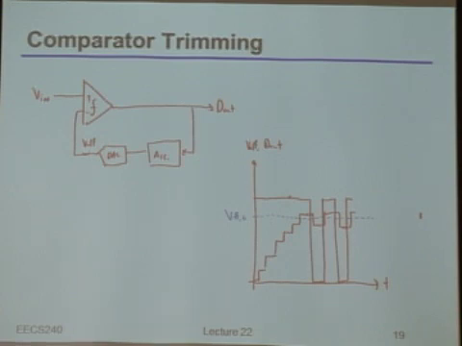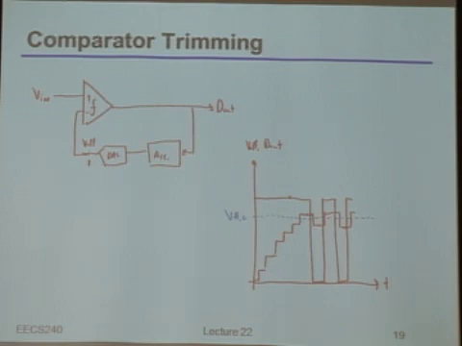So the real trick here is that because I'm really looking for an average quantity in the first place, I don't need a super high resolution estimate of it. I can just say, am I above or below where I want to be? And as long as I take really, really small steps in the direction I'm trying to go, eventually I'll sit and dither right around the actual value I wanted.